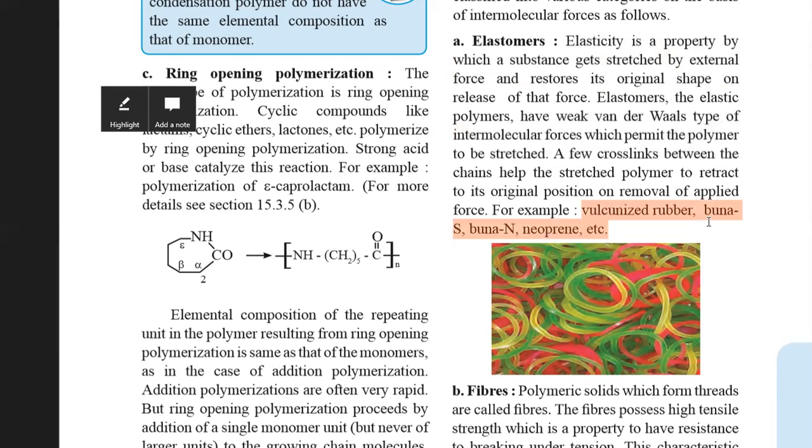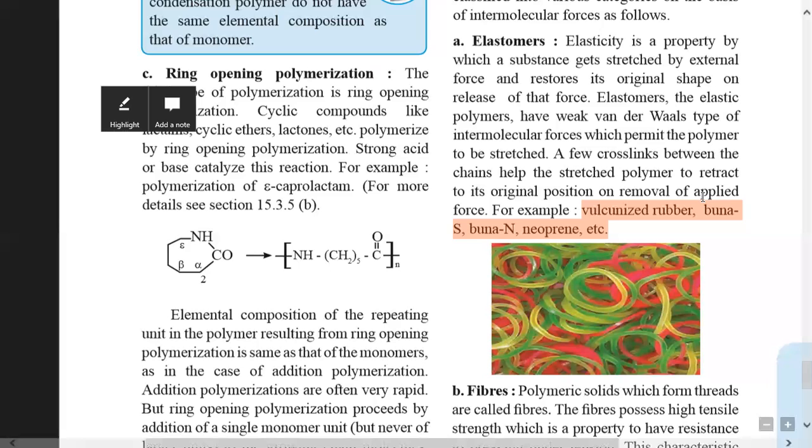A very good example of this is the rubber band. By stretching it and then releasing the force, it again gives the original shape of the polymer, due to the weak van der Waals forces present between the molecules and the crosslinks.